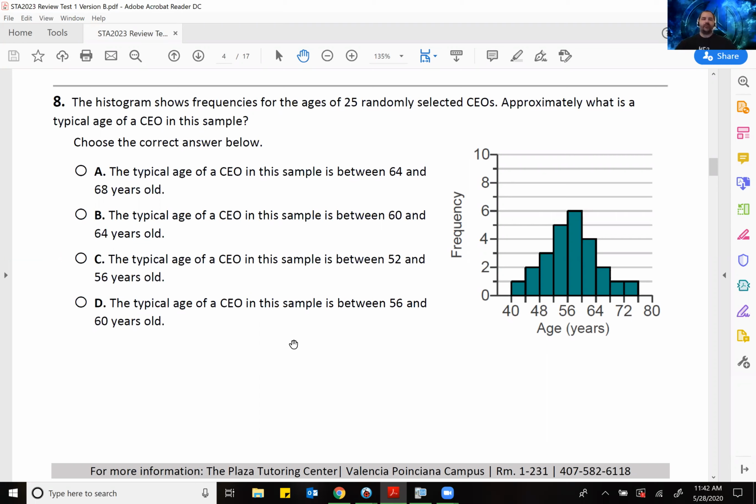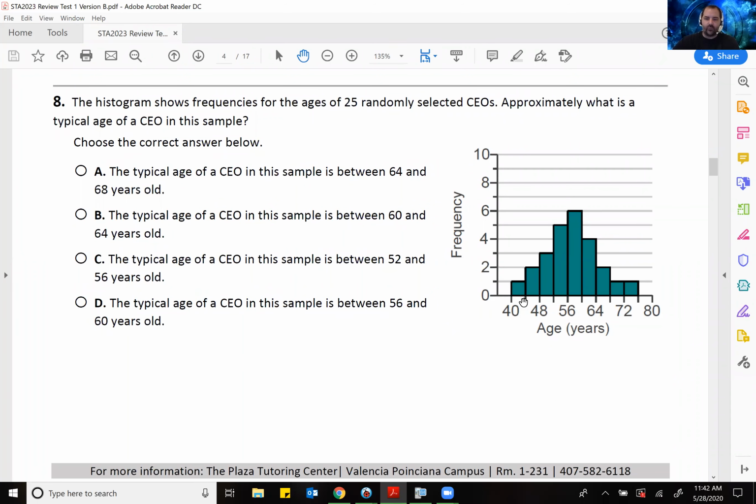A histogram shows the frequencies of the ages of 25 randomly selected CEOs. They want to know what is typical. 56 to 64. Sorry, 56 to 60. You don't want to go to 64 because that's 2 bars. They just want to know the range for the tallest bar, which is this one. And it's counting by 4s if you didn't notice that.